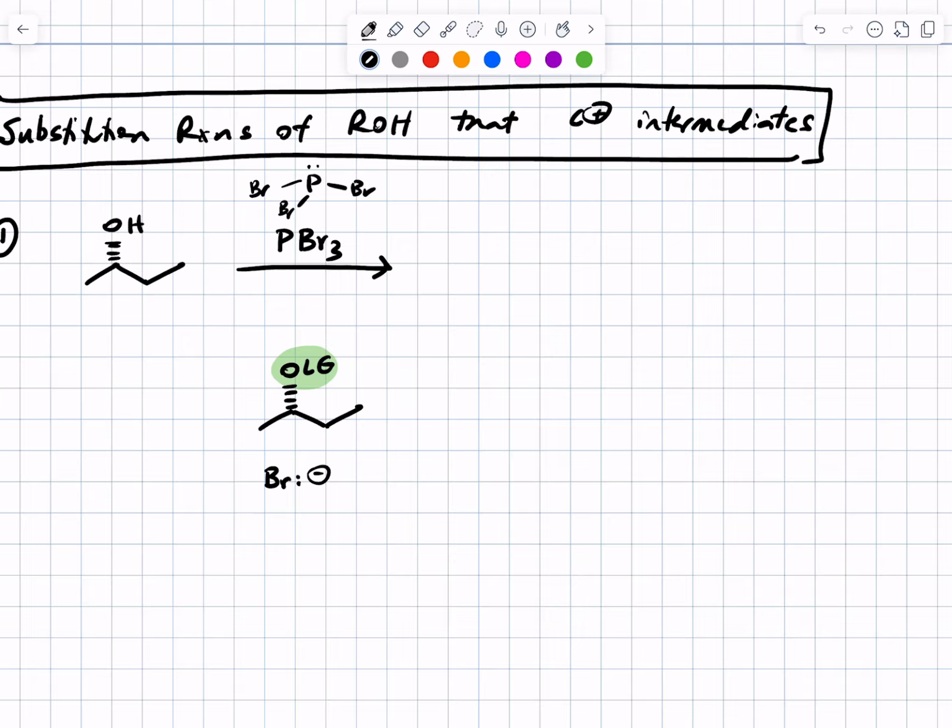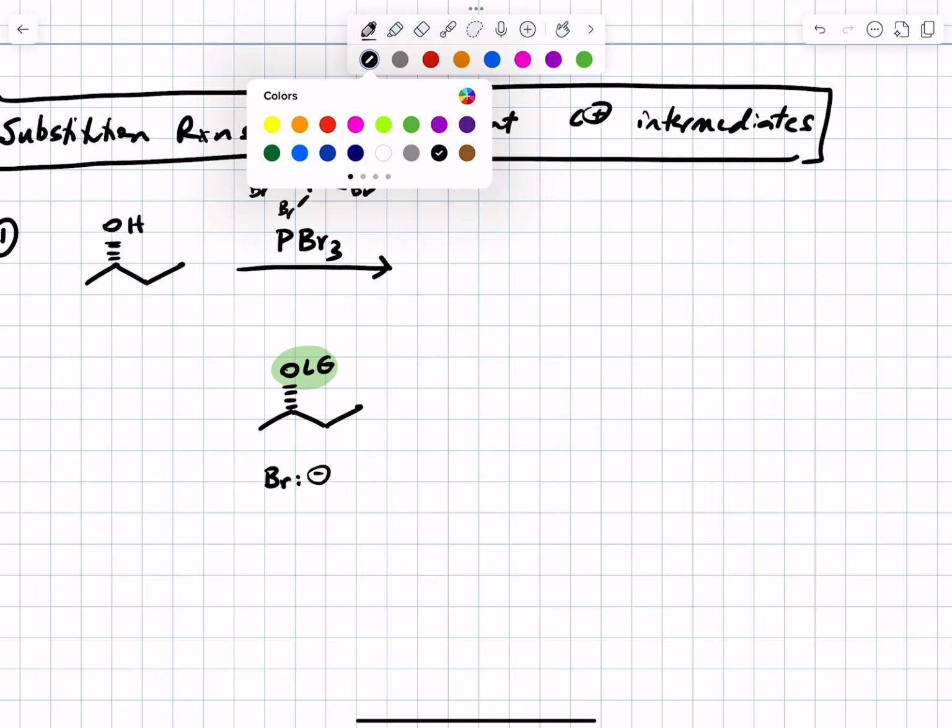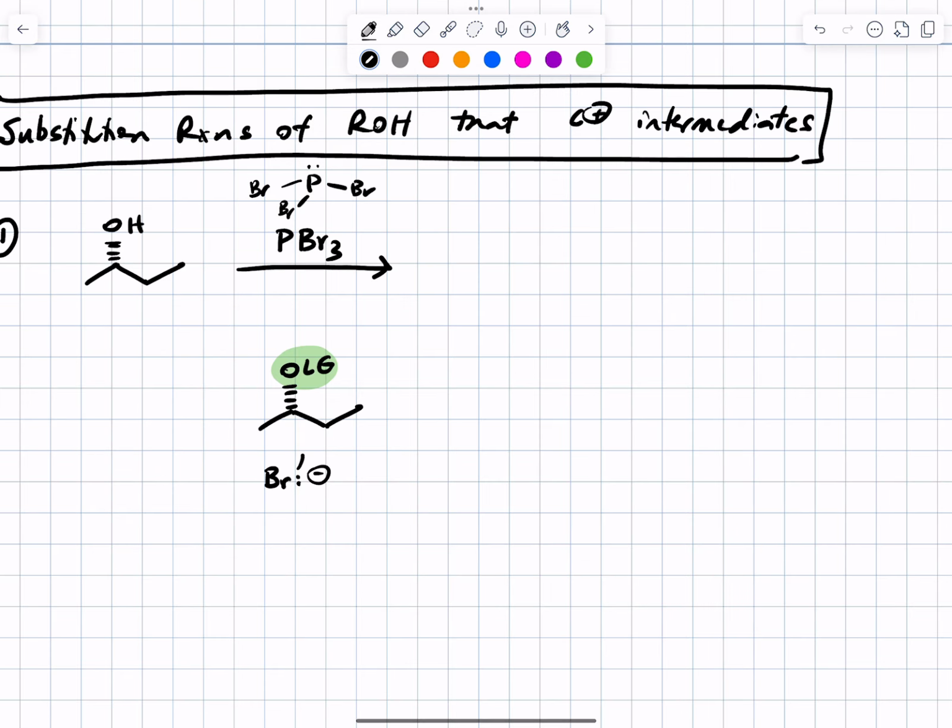And so then Br minus acts as a nucleophile, attacks the good leaving group, and the leaving group leaves. And what you observe here as the product is Br in place of the alcohol with inversion of configuration.